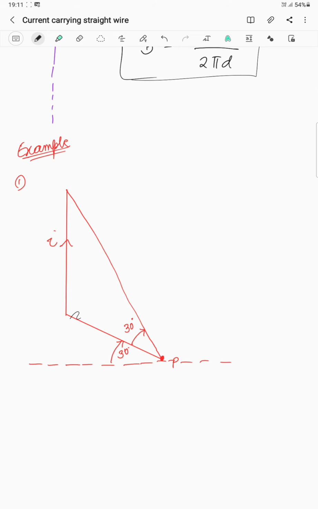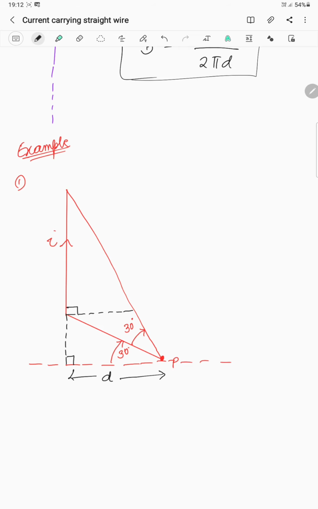It is quite obvious. If I extend this backwards, it will meet here, making 90 degrees. Now if I draw another perpendicular from here in this fashion, then this will also be 90 degrees. Now what is this distance? According to our theory, this distance will be d. Now this is 30 degrees, this is 30 degrees.